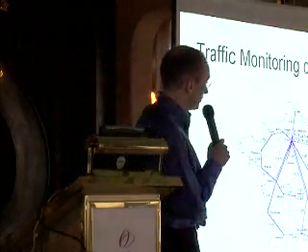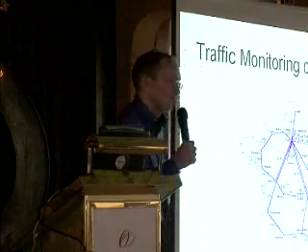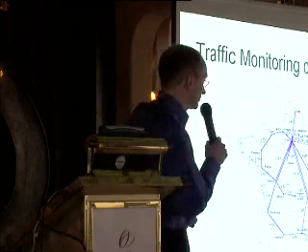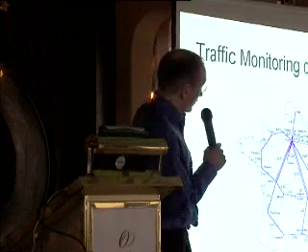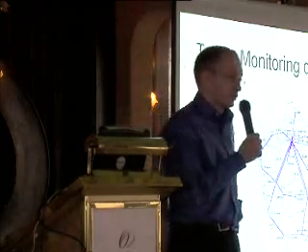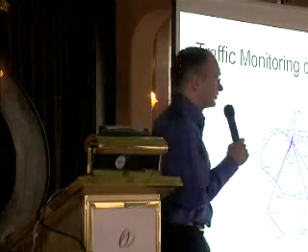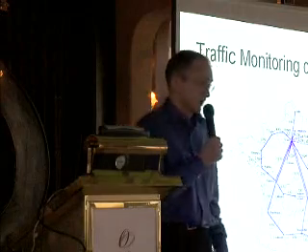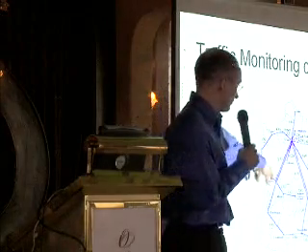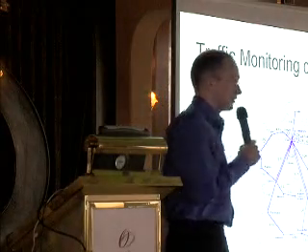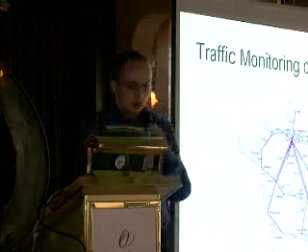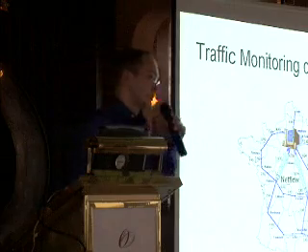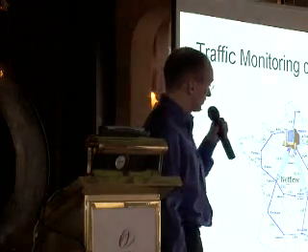Here's the map of the third version of our network, RENATER, the French academic network. I will start with traffic monitoring. That's not really the point, but it's just for you to understand how it works. In each big town in each region of France, we have a router that will send all the NetFlow data to two servers located in Paris.